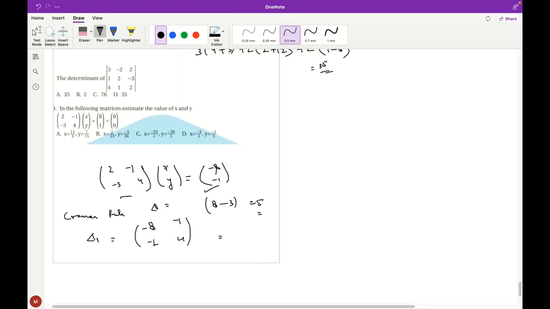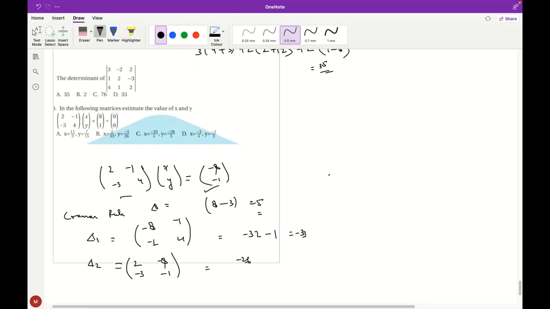So you will get minus 32 minus 1, which is equal to minus 33, and delta 2 equals, first row remains the same as it is in delta 1, and in the second row you have to put minus 8, minus 1. So you will get minus 26.